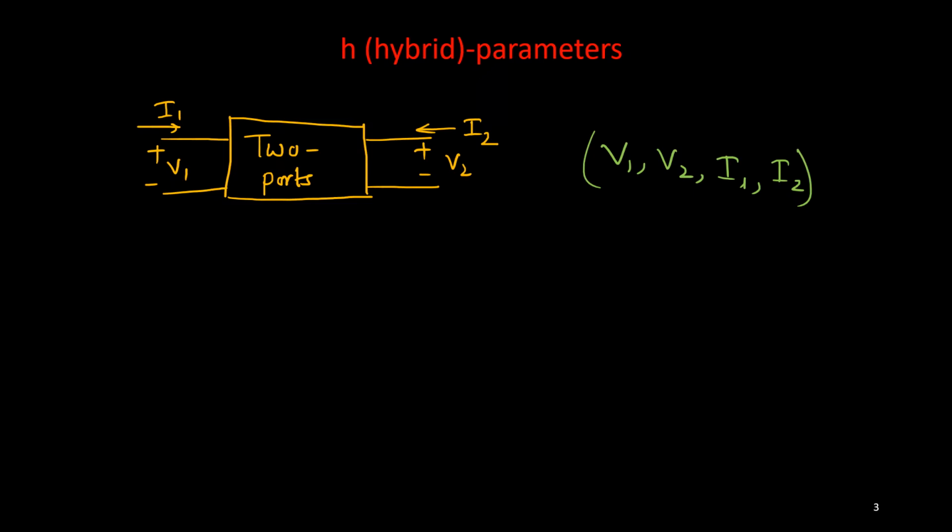We wish to express two variables in terms of the other two variables. So for these H parameters, we'll try to express V1 and I2 in terms of I1 and V2.